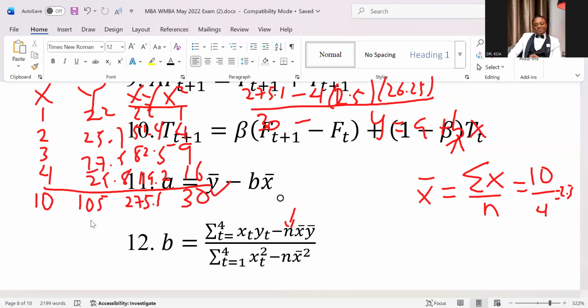So you write 4, then the x bar squared. That is the mean of x. So you write 4 multiplied by the x bar squared. The x bar is the one we just found here, 2.5. So it becomes 2.5 squared.